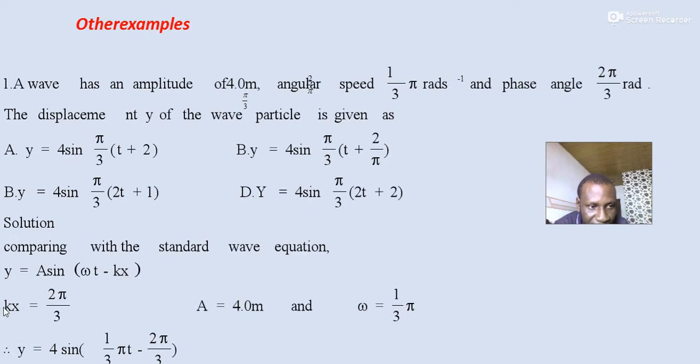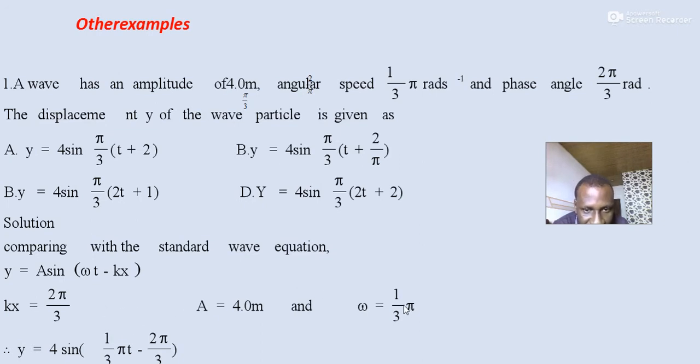So wave number times displacement is equal to the phase angle between 2 points in a wave, and they gave us 2 pi over 3. So ks has been given, not k. They did not want us to find wavelength, so no need to evaluate k again. Omega is also given.